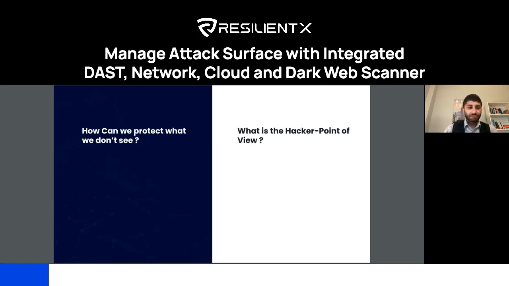I'll try to give a very short answer. How can we protect what we can see, and how can we know the attacker's point of view? It is essentially knowing what we own. Knowing what we own would be categorized in cybersecurity as asset inventory.